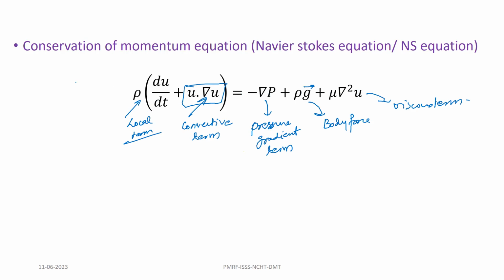The conservation of momentum equation, or Navier-Stokes equation, is actually: the net force acting on a system is equal to the rate of change of momentum of the system. So the sum of forces, delta F, is generally expressed in the Navier-Stokes equation. When a fluid is flowing, you know that there will be a pressure gradient driving the flow. Then there will be the weight of the fluid element.